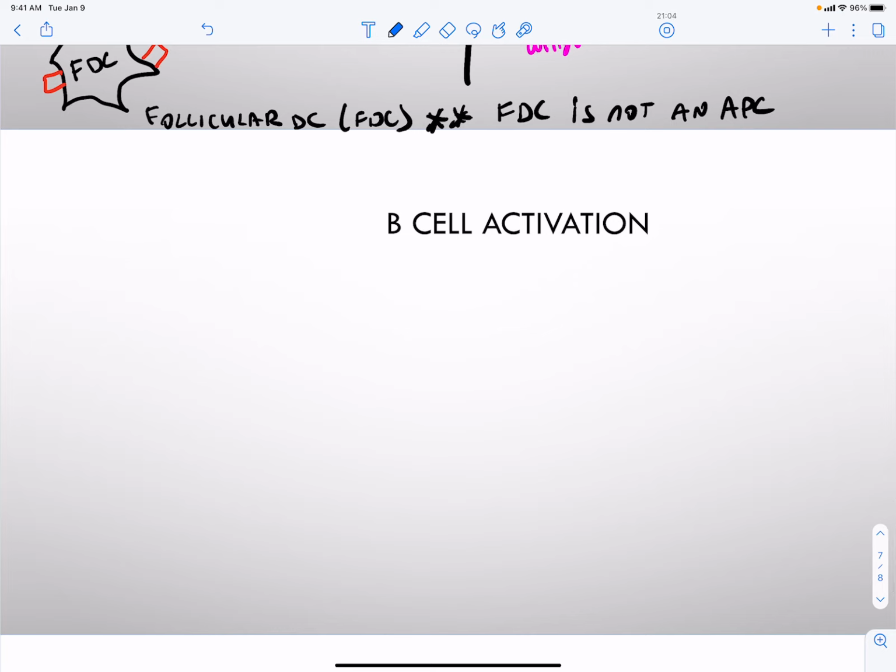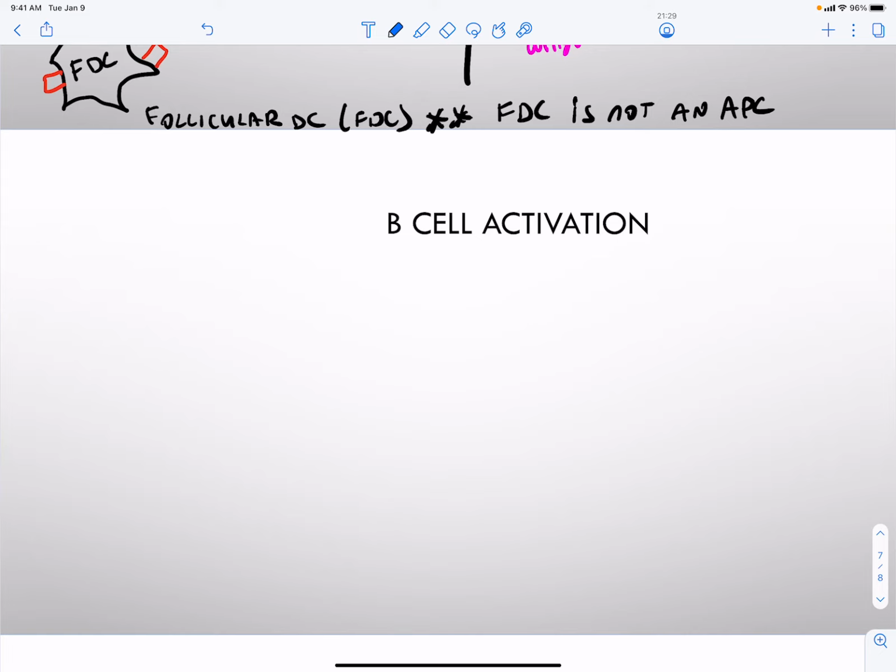And so it's important to recognize that B cells have several layers of control of their activation, partly because tolerance of B cells is not as rigorous as T cells, as we'll find out. And so you have to have all these other layers to make sure that you don't get a self-reactive B cell being activated in the periphery.